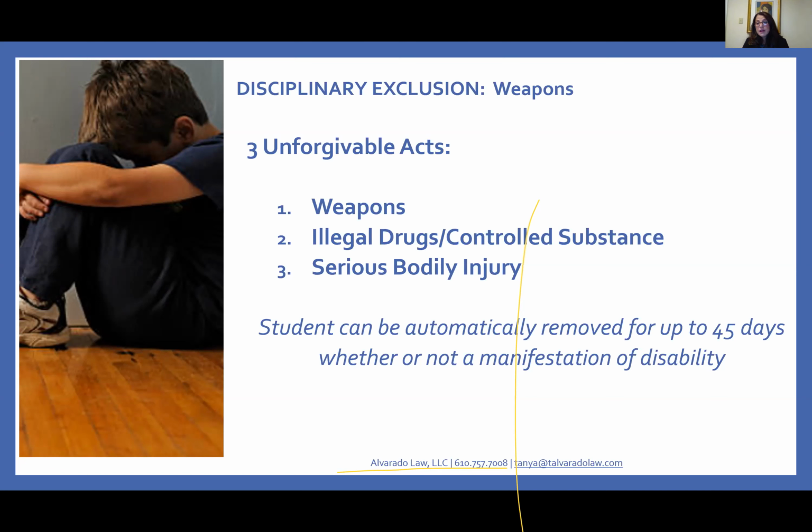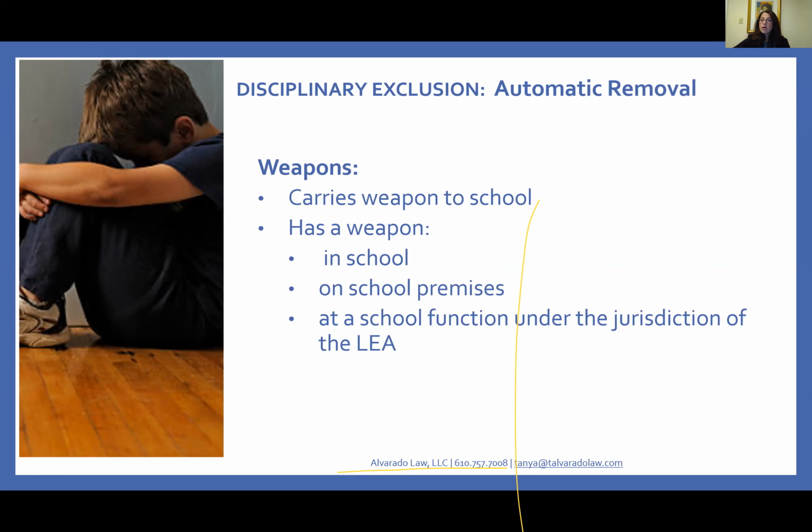There are 3 very specific incidences where that could happen. If your child brings a weapon to school, if your child uses or has illegal drugs at the school property or controlled substances, and if your child causes serious bodily injury. And these are all defined and identified in the procedural safeguards notice. These are reasons for automatic removal.